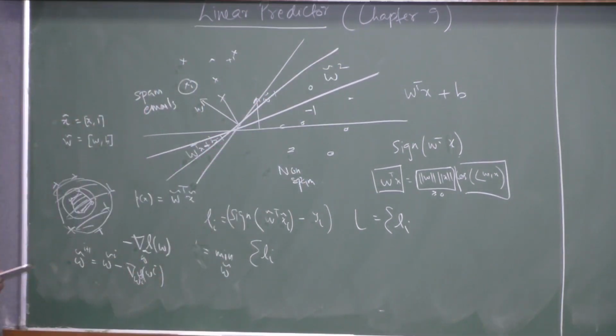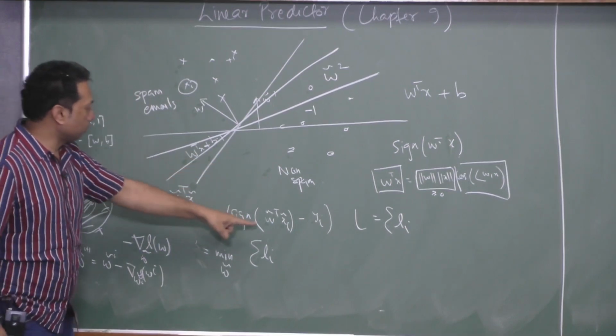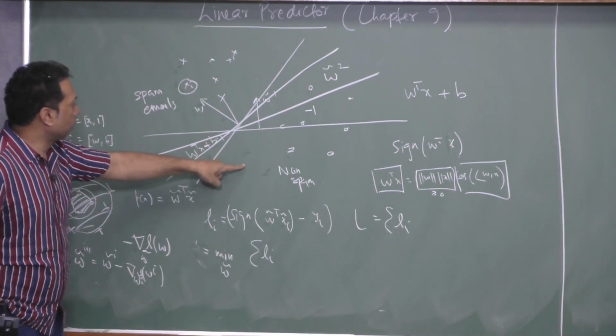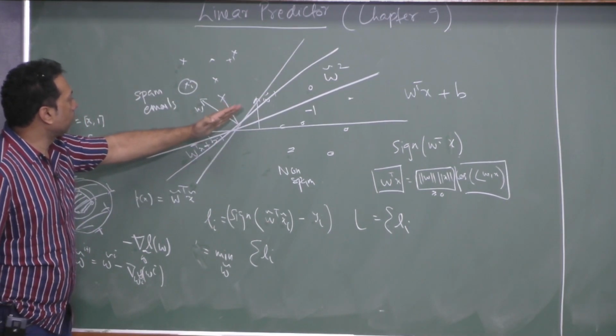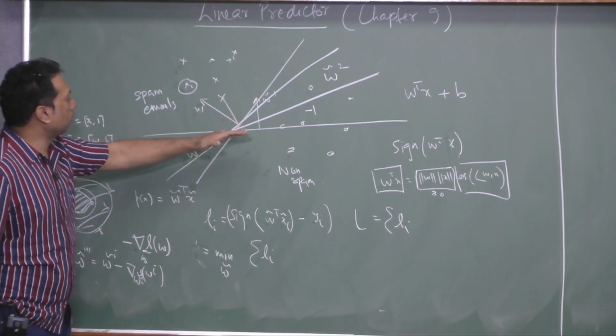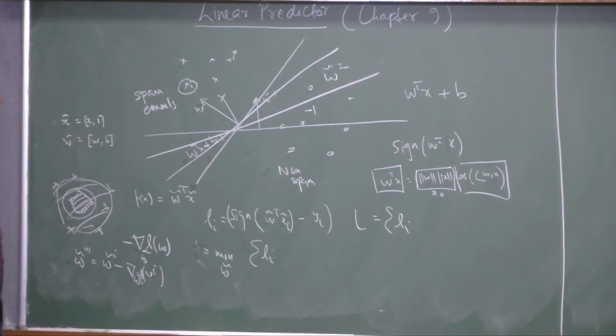At some point it will make no loss, because your whole loss is based on the supervised data. If it's linearly classifiable, there will be a point where it will make no error.